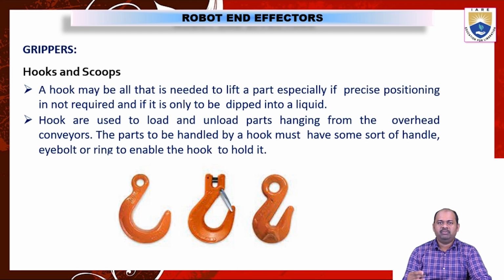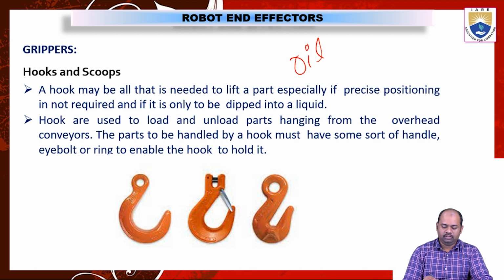When we are doing machining, the mechanical elements made of metals are processed to increase the life and strength of the metal parts by dipping them in different kinds of solutions, which we call an oil bath. To dip the parts in the oil, we use these hooks.